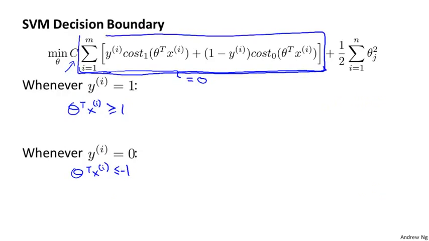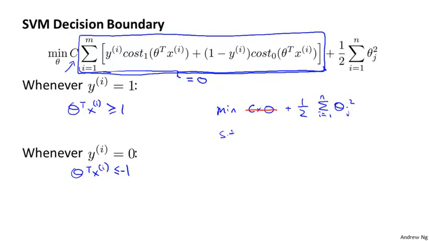So if we think of our optimization problem as now really choosing parameters to ensure that this first term is equal to 0, what we're left with is the following optimization problem. We're going to minimize that first term, 0, so c times 0, because we're going to choose parameters so that it's equal to 0, plus 1/2, and then that second term. And this first term, that's c times 0, so let's just cross that out because I know that's going to be 0.